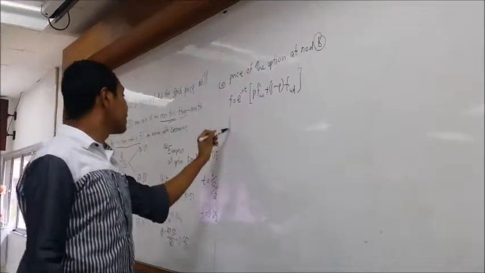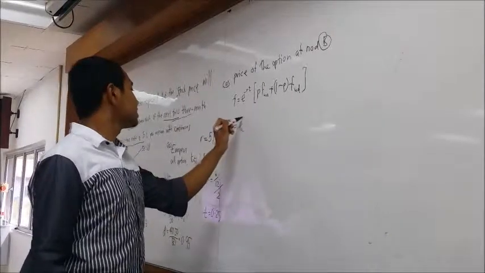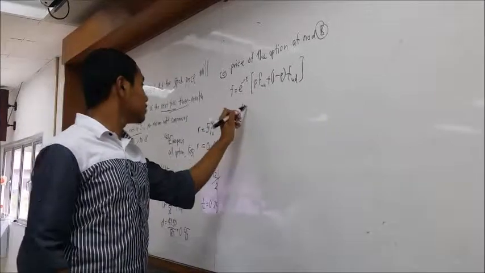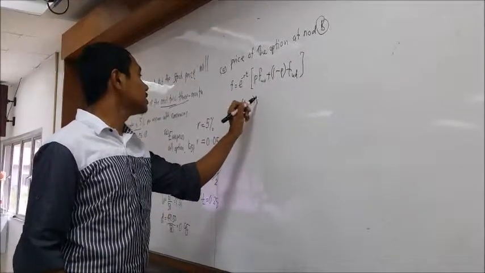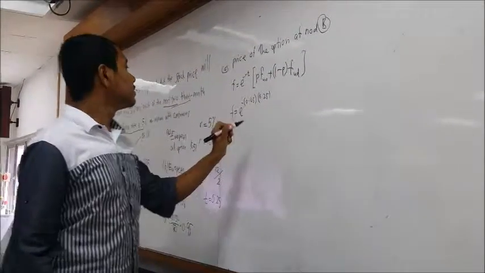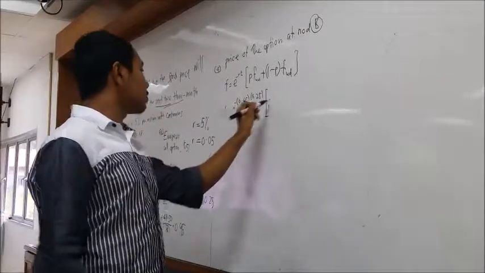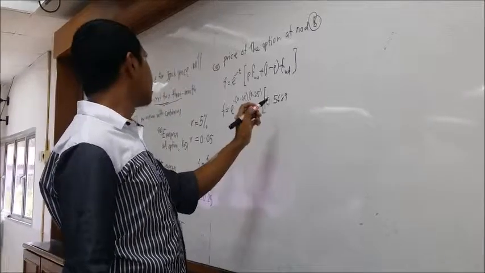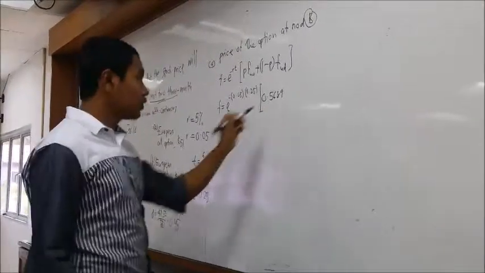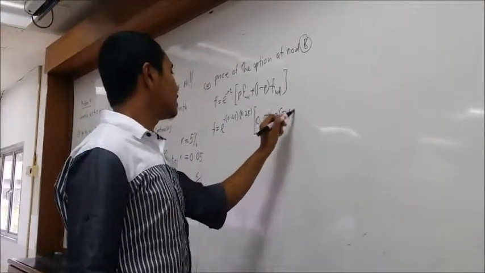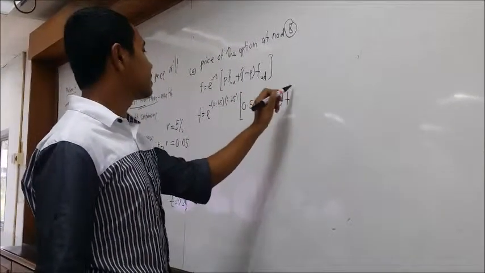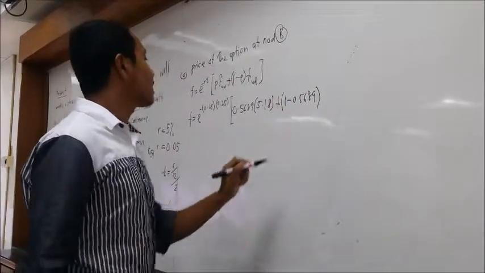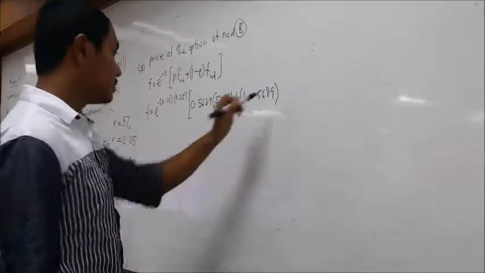So we just plug into the formula: our R is 0.05, our t is 0.25, our p is 0.5689, our f_uu is 5.18, plus 1 minus 0.5689 times f_ud, which is 0.